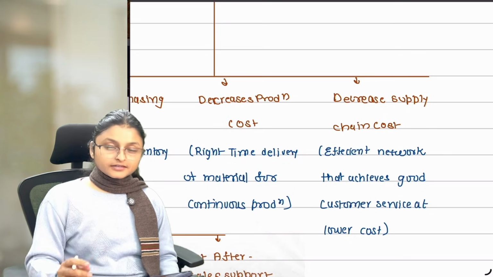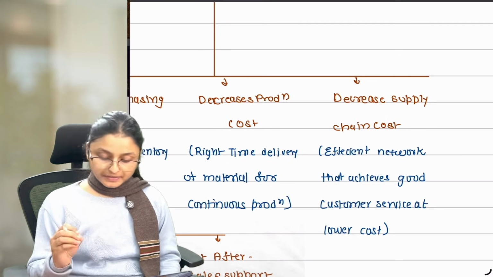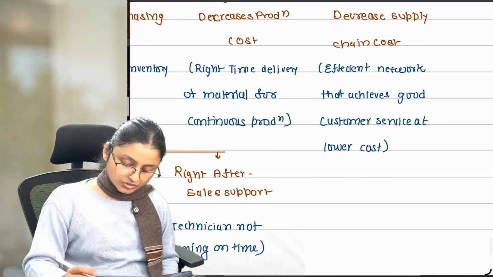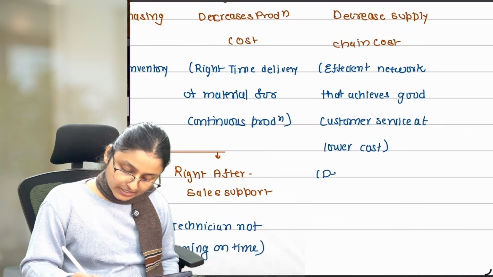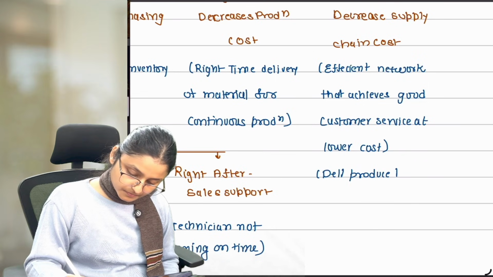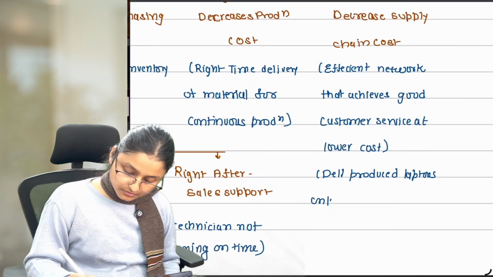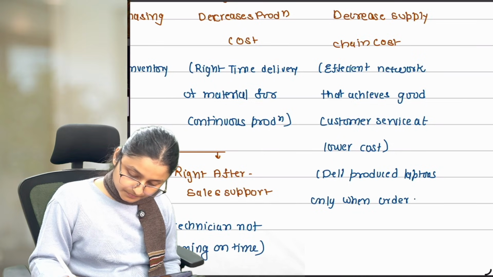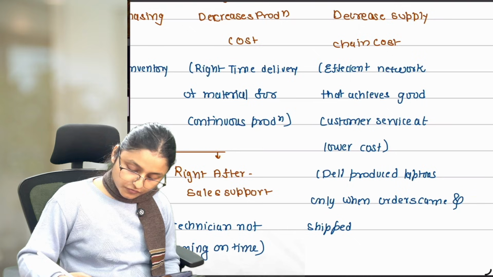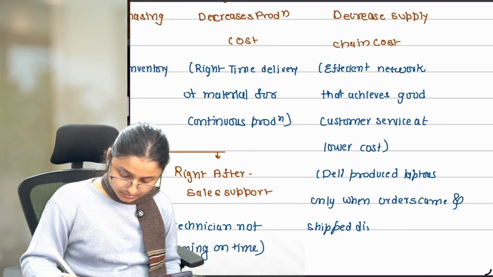So if you have maintained an efficient supply chain network, you will be able to provide good customer service at lower cost. We have seen the example of Dell: produced laptops only when orders came and shipped directly to customer, hence saving the cost of holding the inventory.